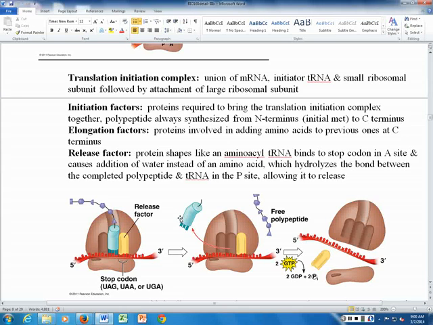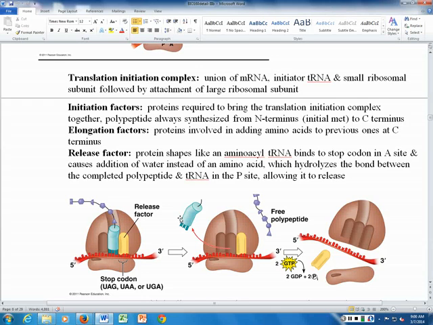And then your elongation factors are going to be proteins that are involved in adding the amino acid onto the previous one. So it's always going to add it onto the C terminus. So it's always being synthesized from the N terminus to the C terminus, from the amine end to the carboxyl end.